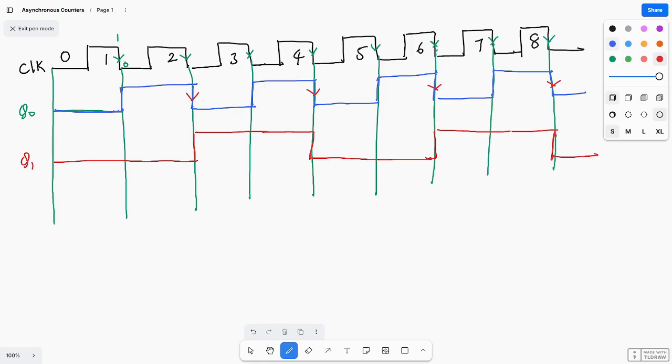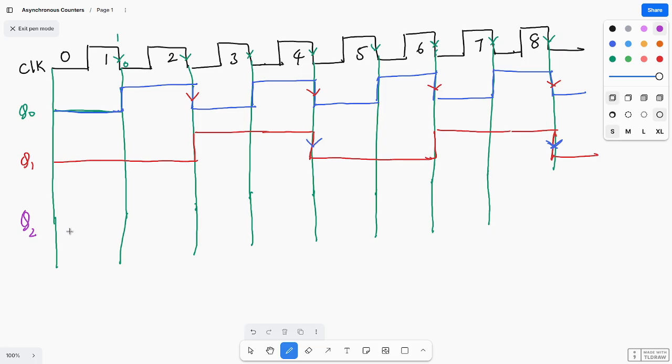And next, this Q1 is acting as a clock for what? Q2, neg edge of clock. So if you draw the timing diagram for Q2, what are you getting?